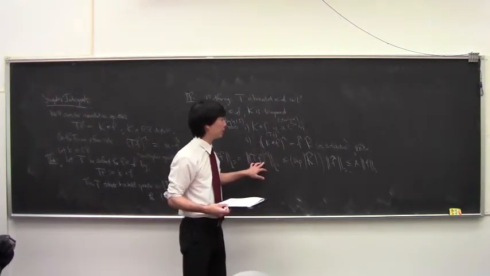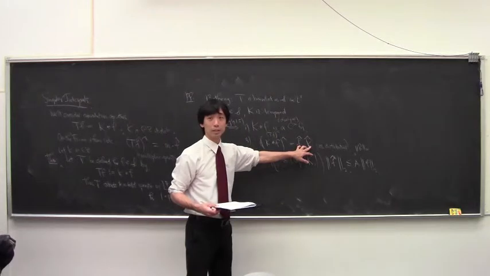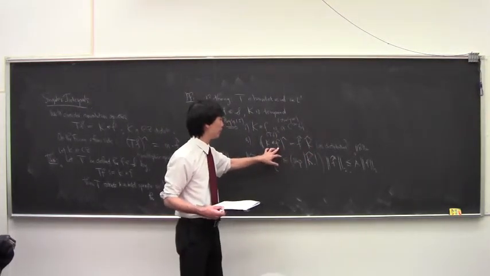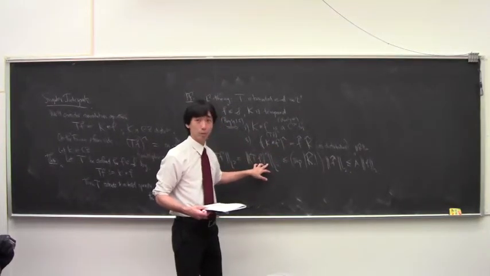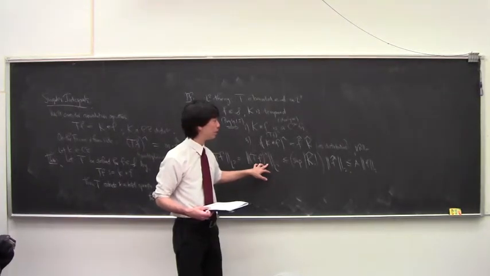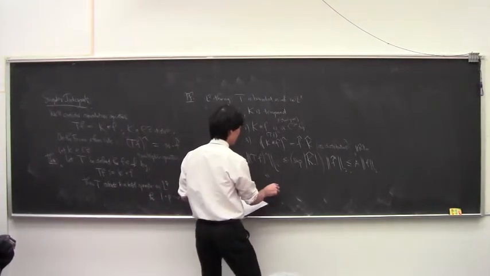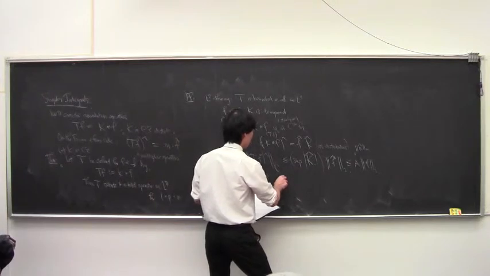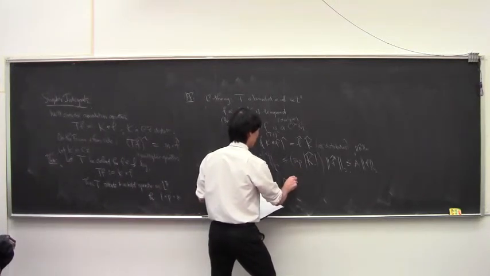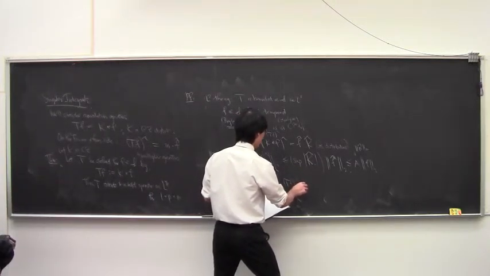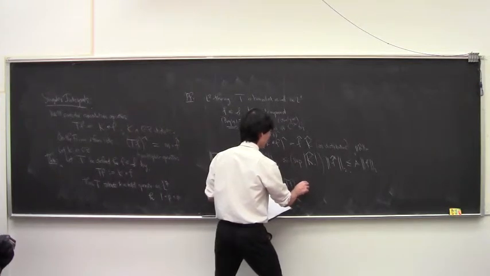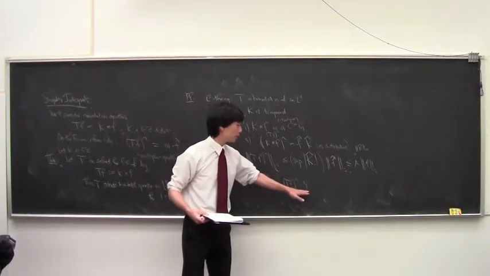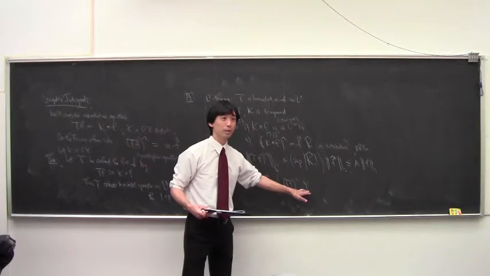Tf hat is f hat K hat in the sense of distributions. So if we're looking at the L^2 norm of Tf hat, what that means is that you want to consider Tf hat acting on L^2 functions of norm less than or equal to 1.